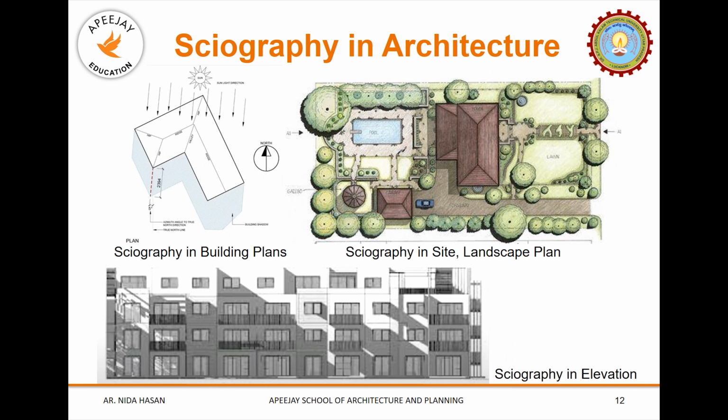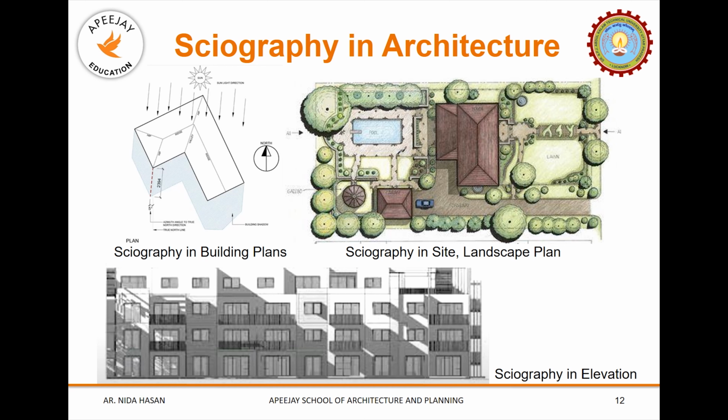Shade and shadows are used in architecture to make drawings more easily understood by expressing both the third dimension of depth and the form of surfaces, whether flat or rounded, slanted or vertical. So here we can see sciography in different drawings. In the first image we can see the building plan with sciography depicting the height of the block.